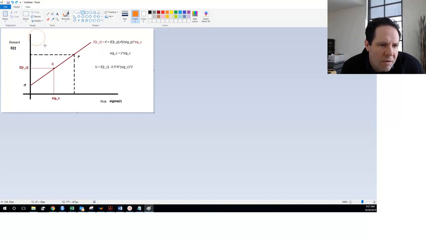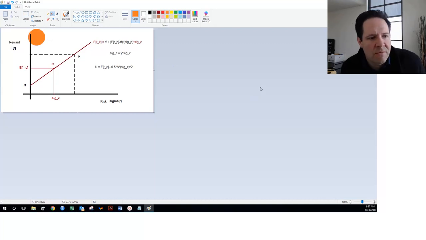I'm going to draw right here, that's the ideal point for the investor. The investor would like to have zero risk and lots of return. In practice, the only thing that's feasible are the portfolios along the capital allocation line. But this utility function embodies this ideal. The ideal would be to have higher return, but lower standard deviation in the portfolios.